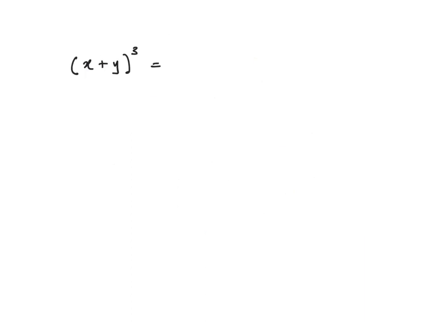If we consider the bracket (x + y)^3, what we get is 1x cubed plus 3x squared y. Notice as well when I'm writing this out that the power of x is diminishing by 1 with each term, and the power of y is increasing by 1. Now in this term here we don't appear to have a y, but we could write that as y to the power of 0.